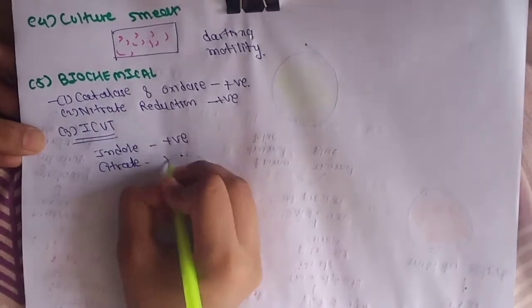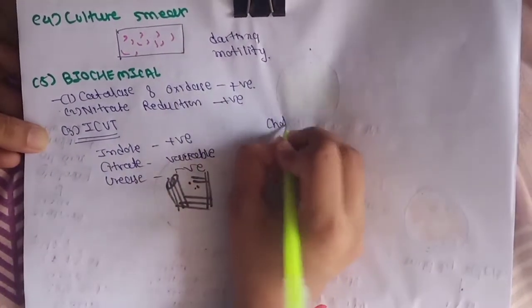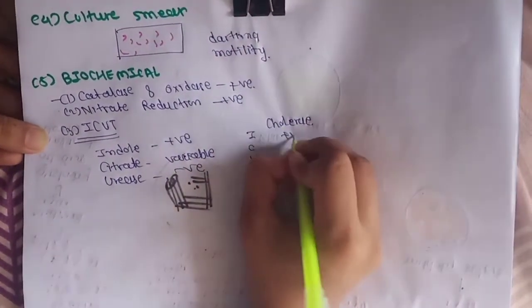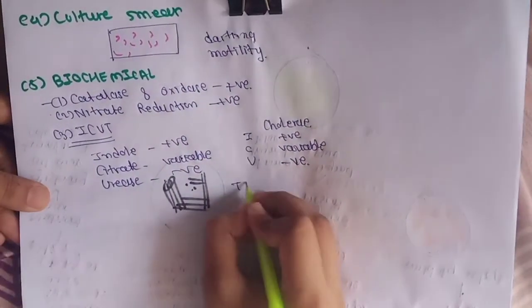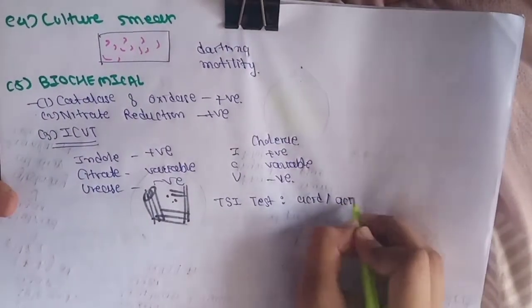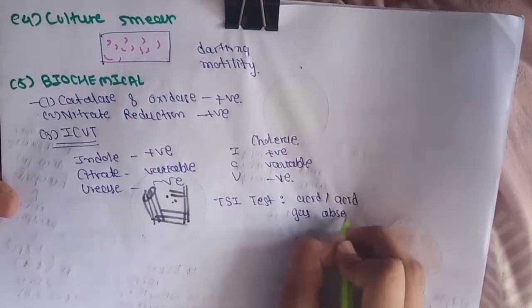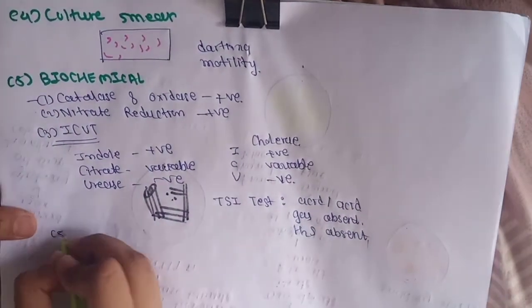Indole test is positive, citrate is variable, urease is negative. So in cholera, ICUT will be positive, variable and negative. In TSI test, it will give acid and acid, gas is absent, no H2S.